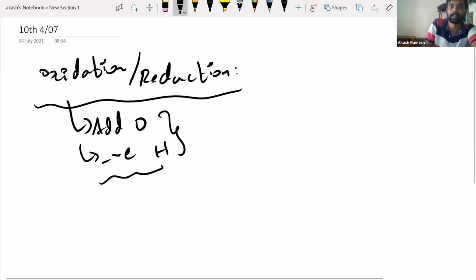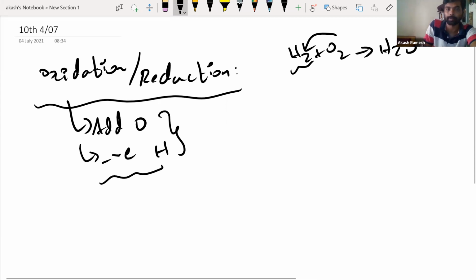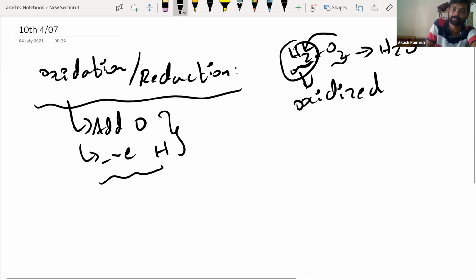Say, for example, I have H2 reacting with O2 to form H2O. So what you're doing here is, I have H2, to that you are adding O2. Whenever you add O2 to something, that something is the one which is getting oxidized.